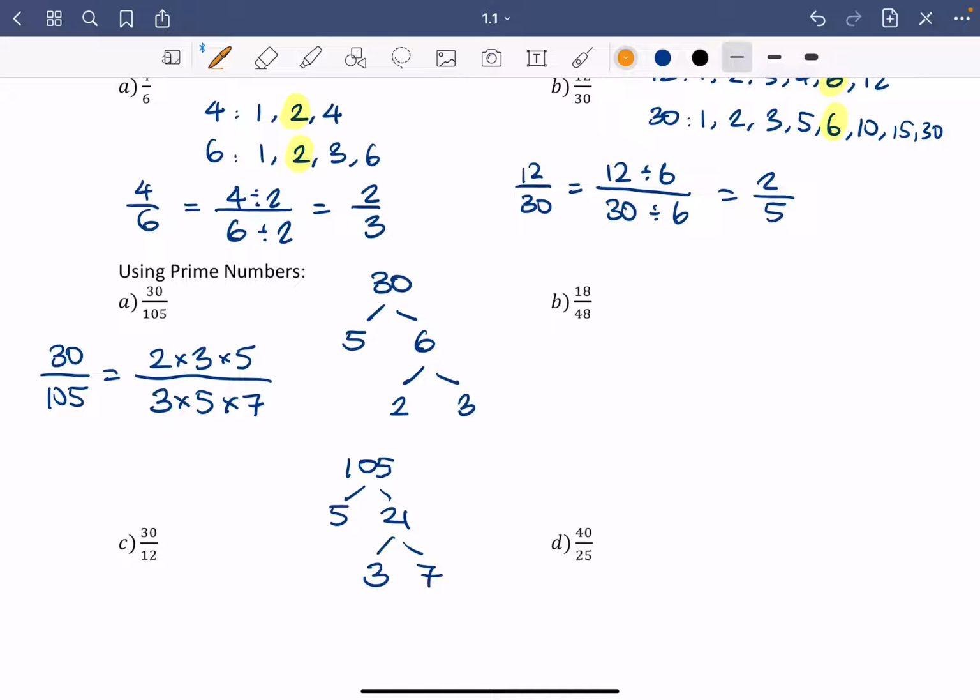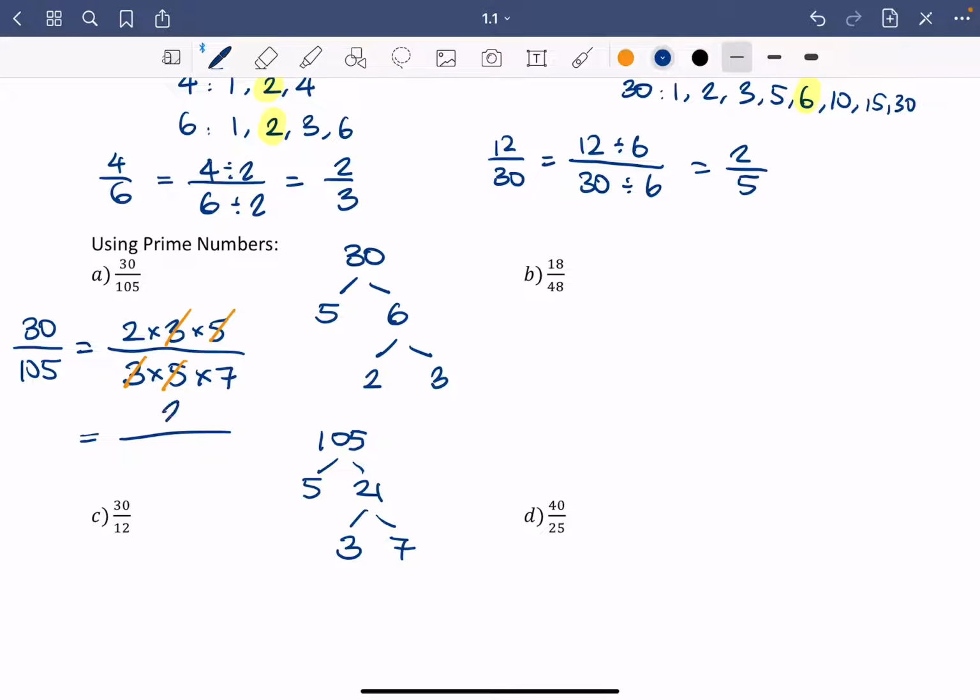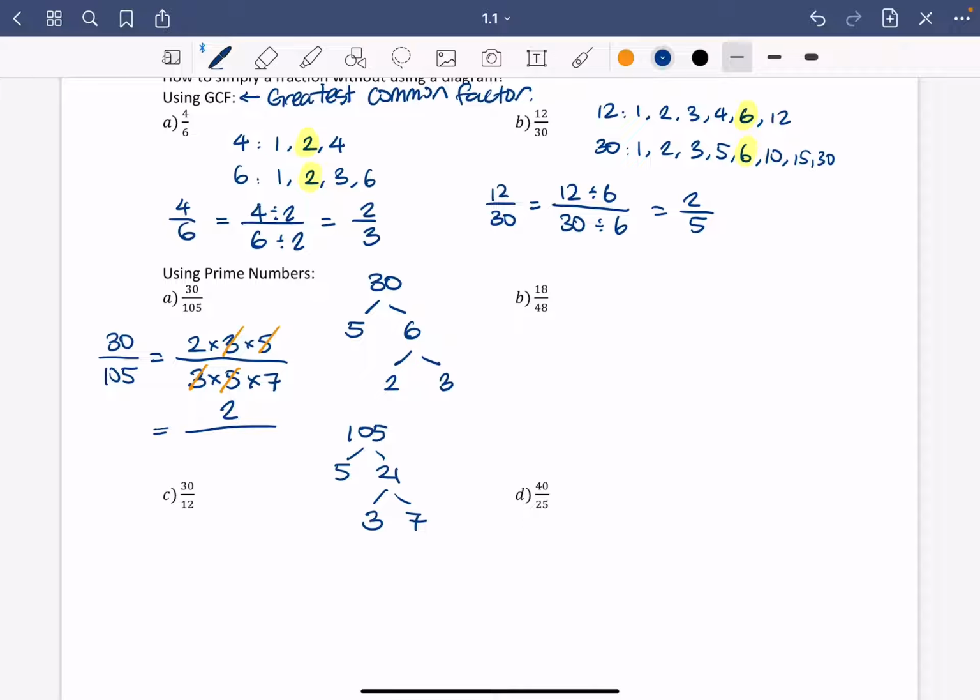Okay, so 3 and 3 can be canceled. 5 and 5 can be canceled. So what's left? The number left on top is 2, and the number left on the bottom is 7. So 30 over 105 can be reduced to 2 over 7.